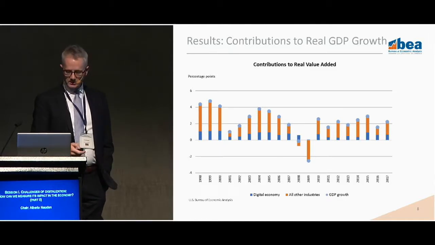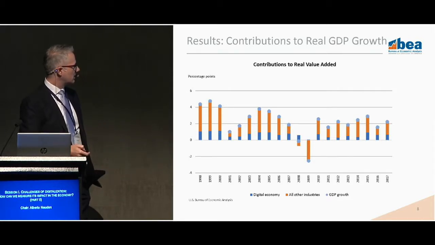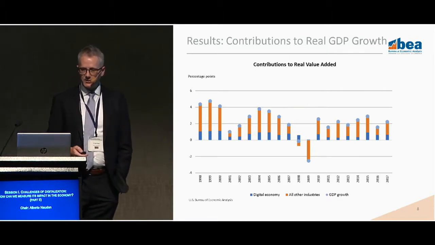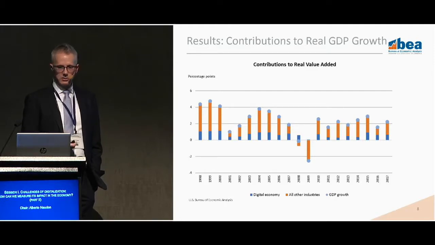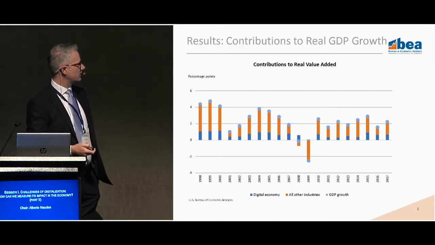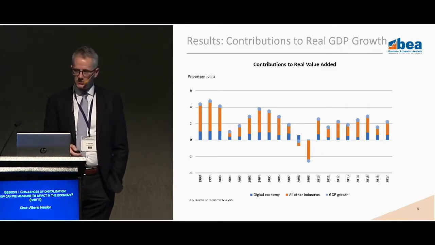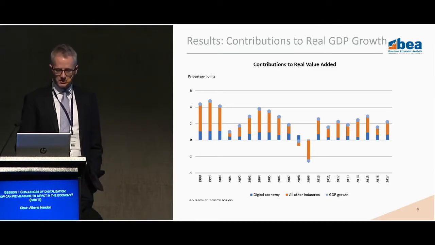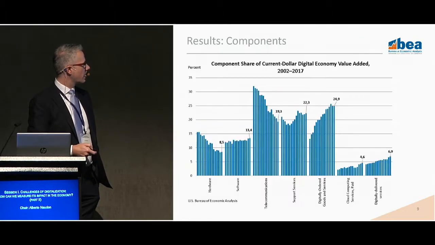It dips down in growth itself, dips down in 2001, 2002 during the tech industry decline, and then in the Great Recession, 2008, 2009, digital economy was the only positive contribution to real GDP growth in those years. And it took a while to catch up after the Great Recession. You can see the blue areas here are a little bit smaller, but they've increased in more recent years, even relative to real GDP growth in those years. So we find a bigger contribution in more recent years.